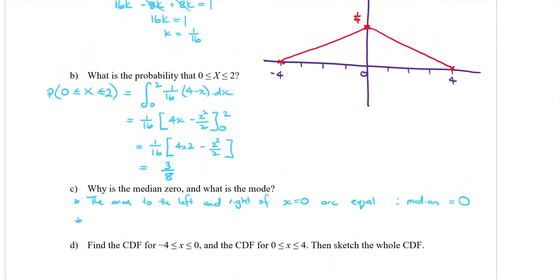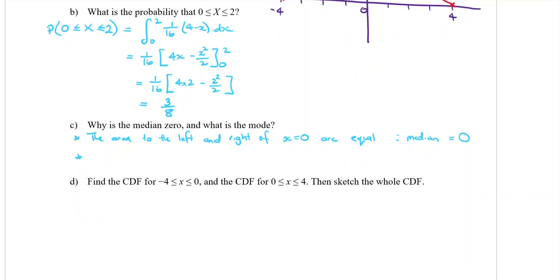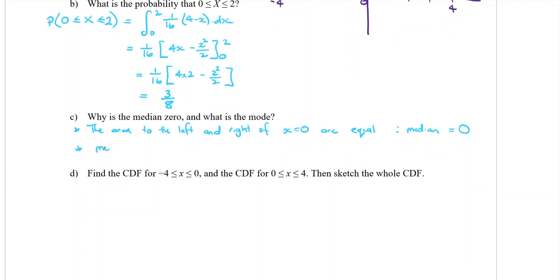Which score, if those things across the bottom were the score, which thing is happening the most? 0. It has the highest point, right? So the mode is also equal to 0 because it is the global maximum, the highest point of the PDF.